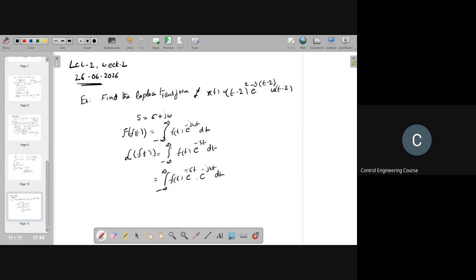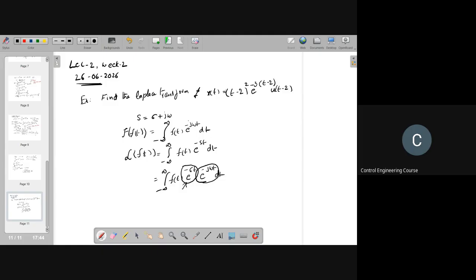Here, e to the power of minus j omega t is nothing but cos omega t minus j sin omega t, right? So this part is a sinusoidal representation of the signal, whereas e to the power of minus sigma t tells how these sinusoidals are growing or decaying.